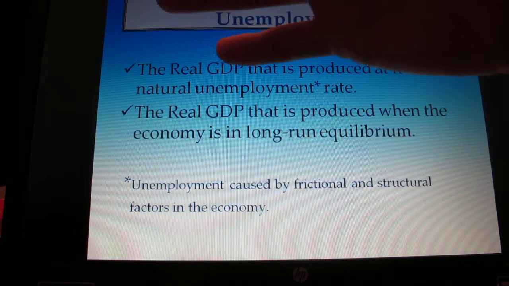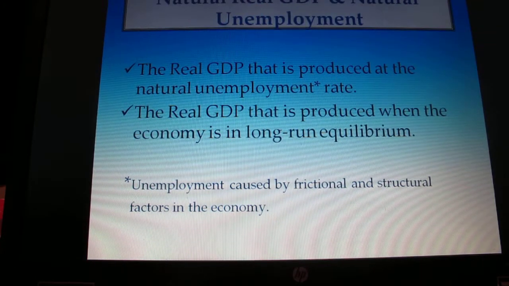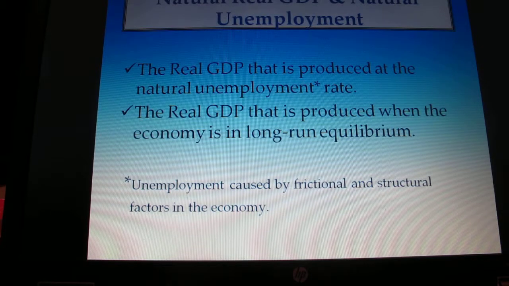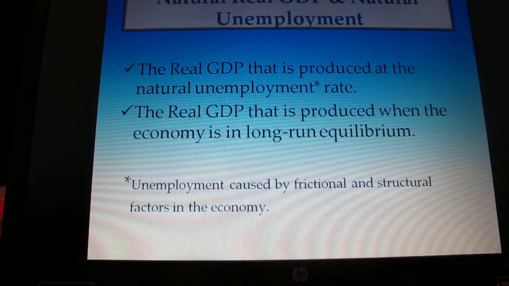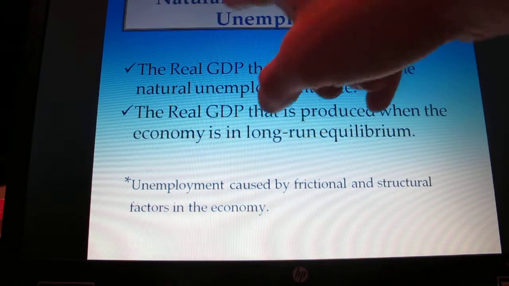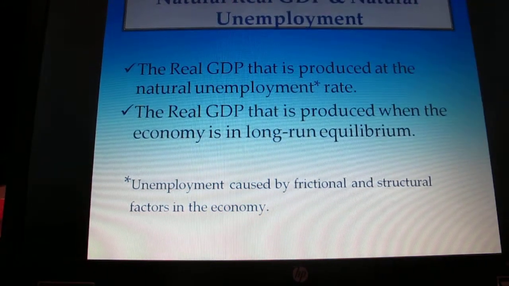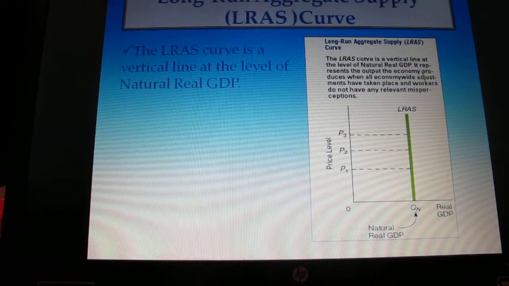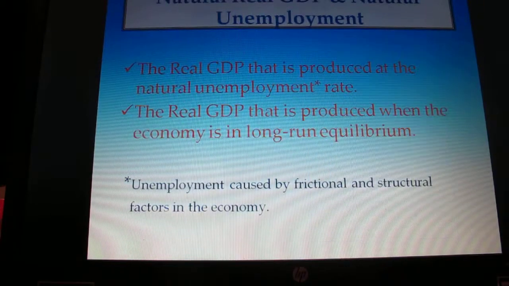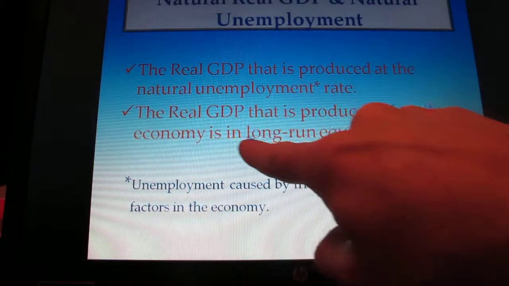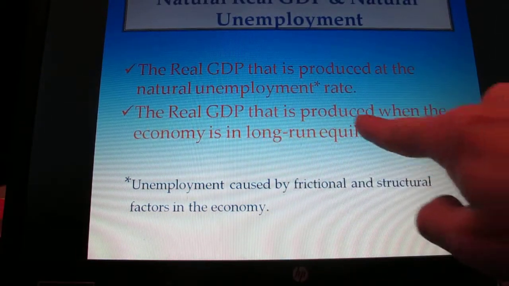To put it in another term that may be more helpful, I've heard it used as potential GDP, meaning that's the best we could do. If you think about it that way, potential real GDP is the same as natural real GDP. They're interchangeable. Okay, so the natural real GDP is the GDP that's produced when the economy is in the long run equilibrium.